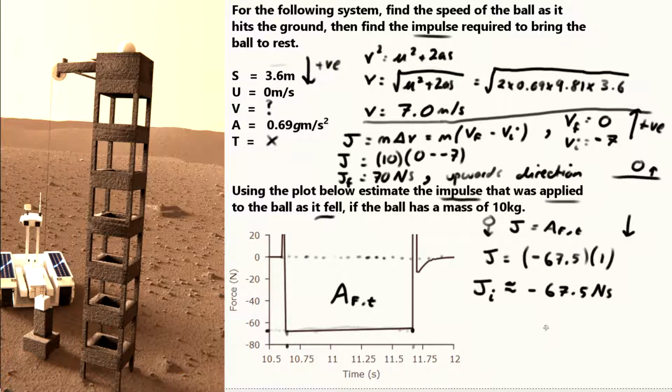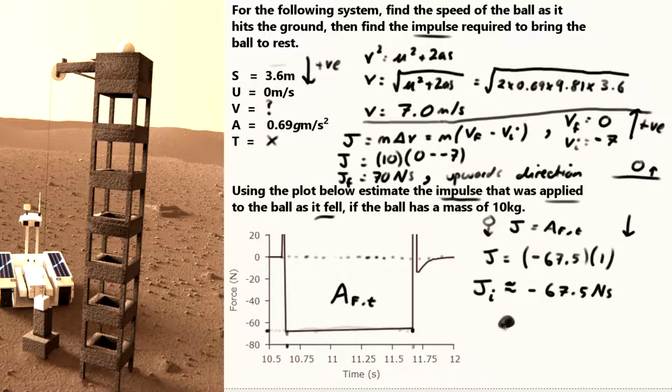Now what does this show? This shows that, in order to get the ball moving from a stationary point on top of the apparatus when it free falls, an impulse of 67.5 Newton seconds was applied by gravity to the ball, which got it moving to the floor.